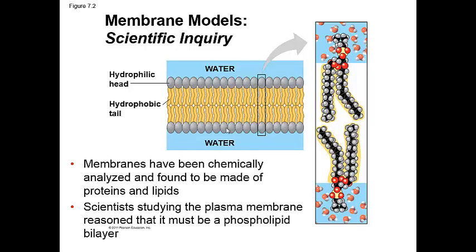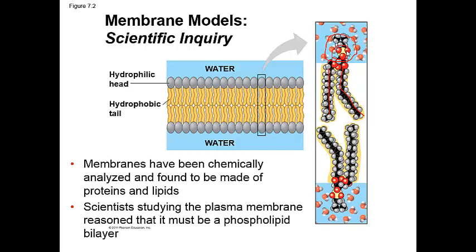If you look at the phospholipid structure, it's made up of two fatty acids. These fatty acids are nonpolar or hydrophobic, and it has a polar or hydrophilic head. And the important part of that polar or hydrophilic head is this phosphate group here.